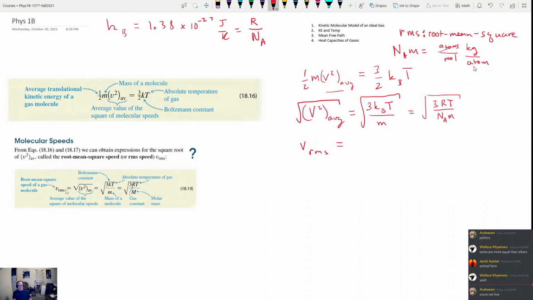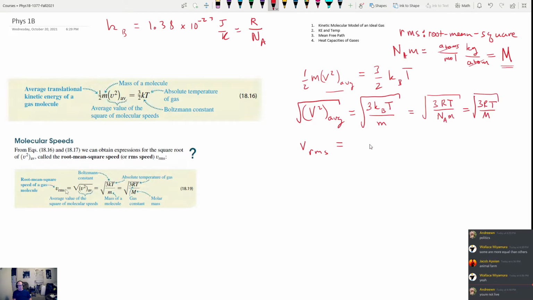When those cancel out, you end up with kilograms per mole, and kilograms per mole is what we call molar mass. This is the thing that's read off of the periodic table. So N_A times m is equal to molar mass, and we can plug that in here. So you have 3RT divided by molar mass.